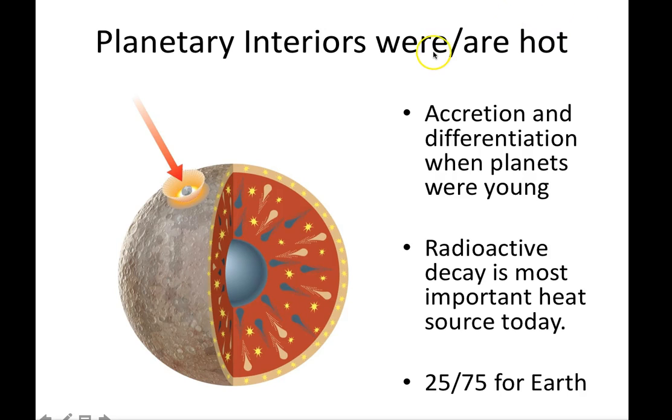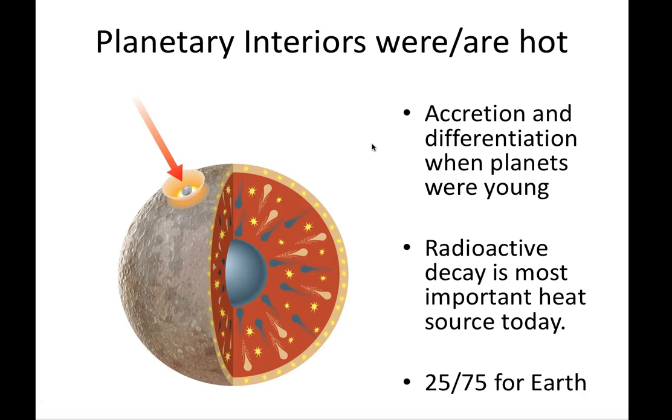Okay, so planetary interiors were or are hot because of a couple of different processes. One is ancient in origin: the accretion and differentiation when planets were young. That sort of differentiation is still occurring, but obviously accretion isn't going at the rate that it was.